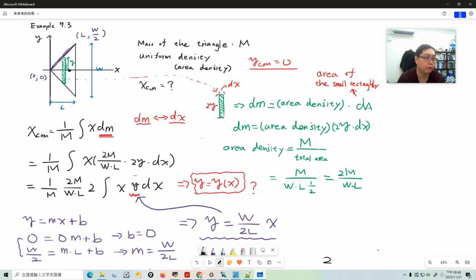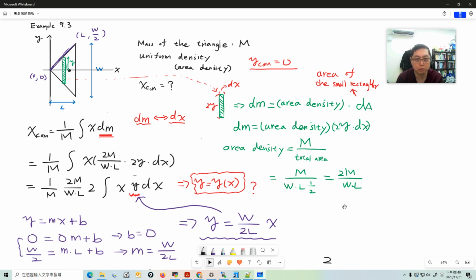Okay, 2 over 3 L. Because this shape, you have more mass at the right hand side, right? Because of this triangle, your mass is more distributed near the right hand side. So your center of mass must be at the right hand side of the center. Okay, so it must be over L over 2.